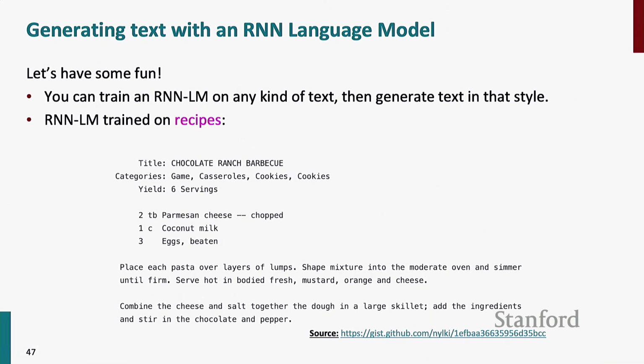Shape mixture into the moderate oven and simmer until firm. Serve hot in bodied fresh mustard, orange and cheese. Combine the cheese and salt together, the dough in a large skillet, and the ingredients and stir in the chocolate and pepper. Yeah, it's not exactly a very consistent recipe when it comes down to it. It sort of has the language of a recipe, but it's absurd. Maybe if I had scaled it more and had a bigger corpus, it would have done a bit better. But it's definitely not using the ingredients well.